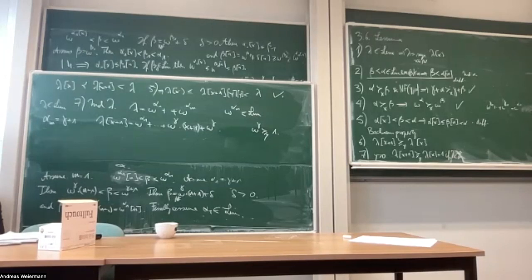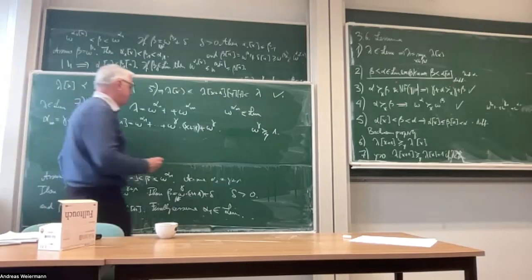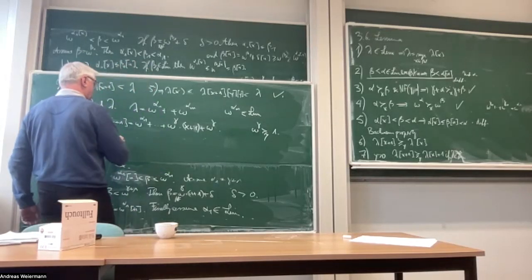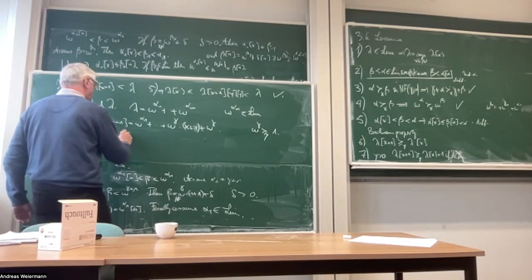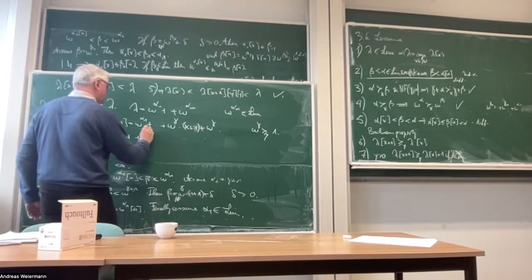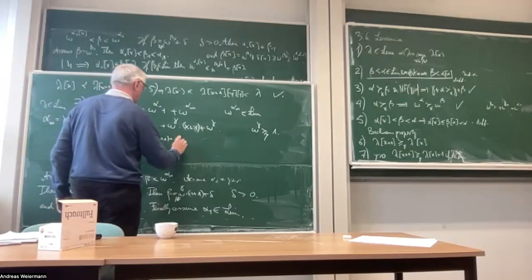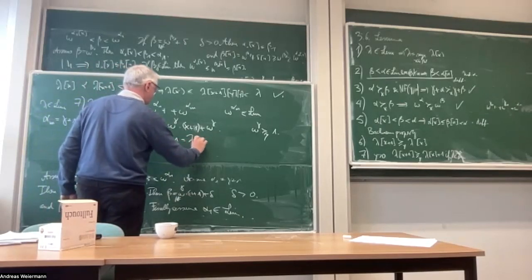Finally, it could be that gamma is equal to 0, but omega to the 0 is as good as 1, so it's also fine. So this goes to capital Y to omega to the alpha 1 plus omega to the gamma times x plus 1 plus 1 plus lambda.